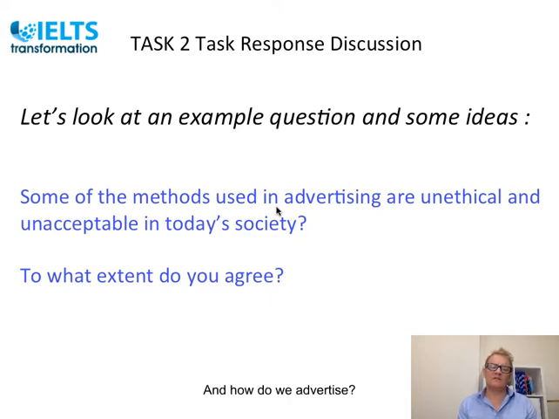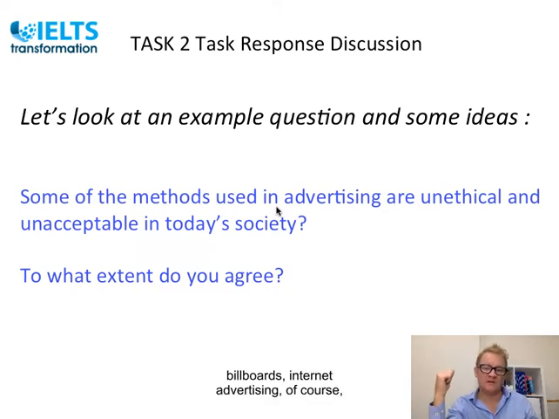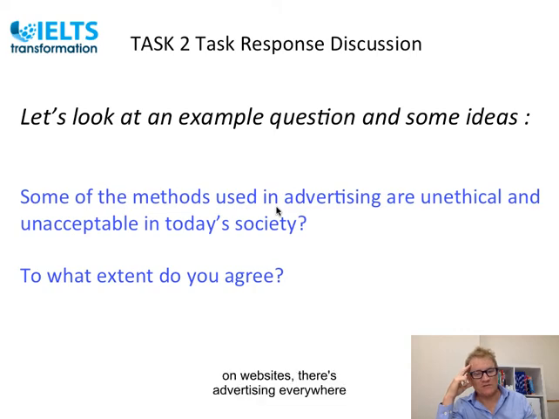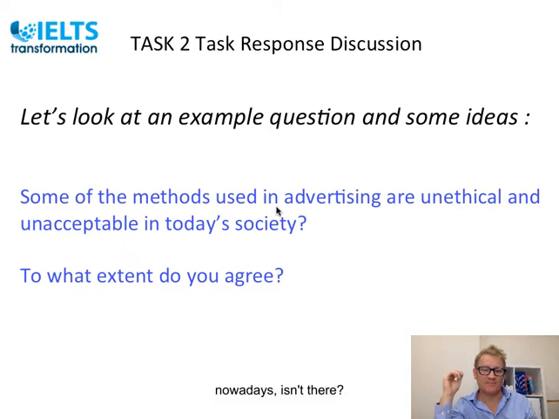And how do we advertise? Well, there's advertising on TV, traditionally newspapers, billboards, internet advertising, of course, on websites. There's advertising everywhere nowadays, isn't there? And what is unethical and unacceptable?